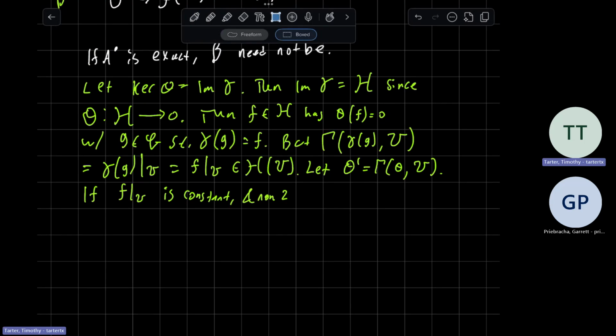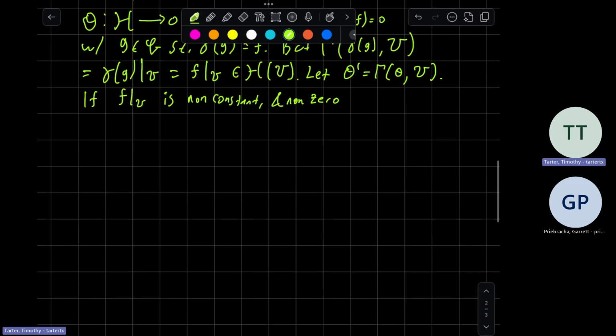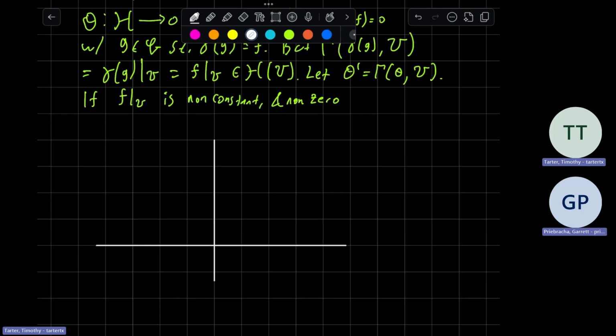And no, it has to be non-constant. Is that clear why? No. Okay, consider the integral of x squared, but consider it visually.